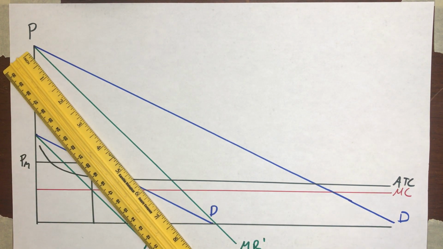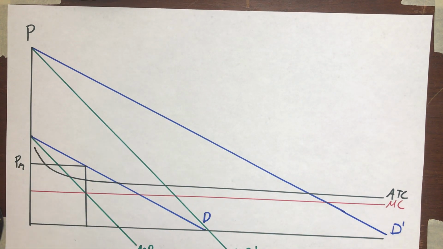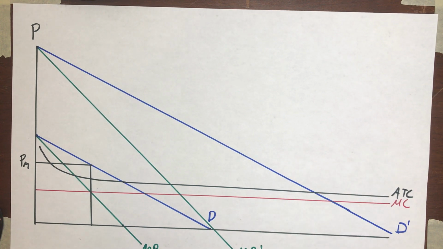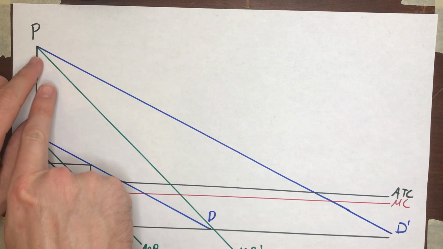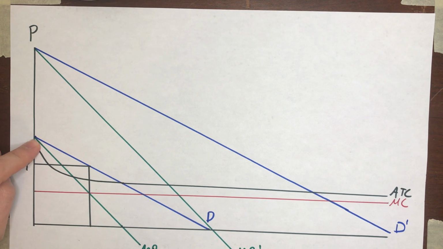And I'll give these each a prime. So demand shifts up and to the right from D to D prime. Consumers are now willing to pay more. Since consumers are willing to pay higher prices, the marginal revenue curve is also going to shift from the original marginal revenue curve MR to MR prime.